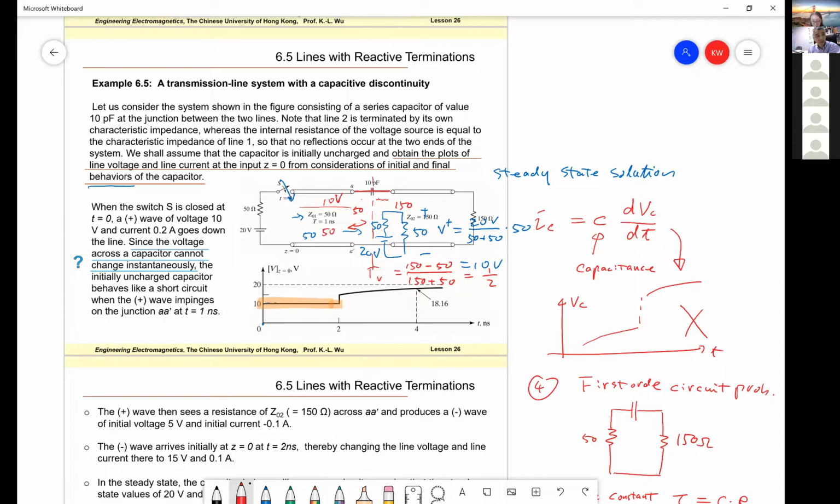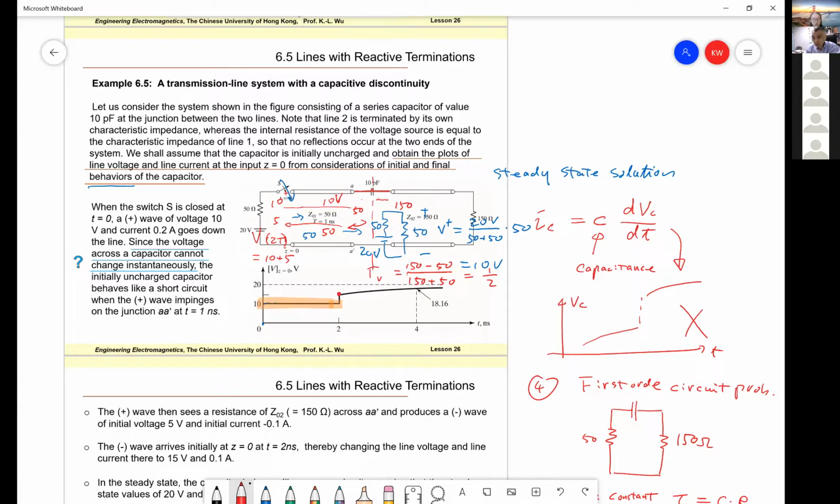The 5 volt travels another T. Once it reaches back, this is 10, this is 5, at 2T time. So at the source side, the voltage at 2T time equals 10 plus 5.